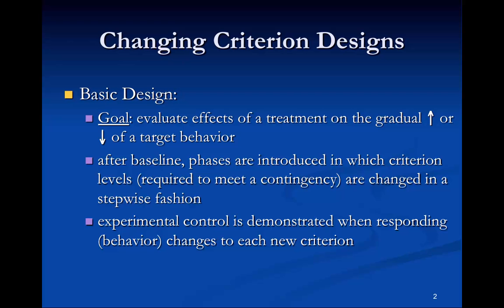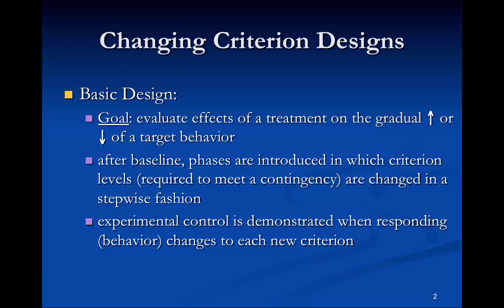In the changing criterion design, you evaluate the effects of a treatment based on the gradual increase or decrease of a target behavior. After the baseline phases are introduced, criterion levels are changed in a stepwise fashion.